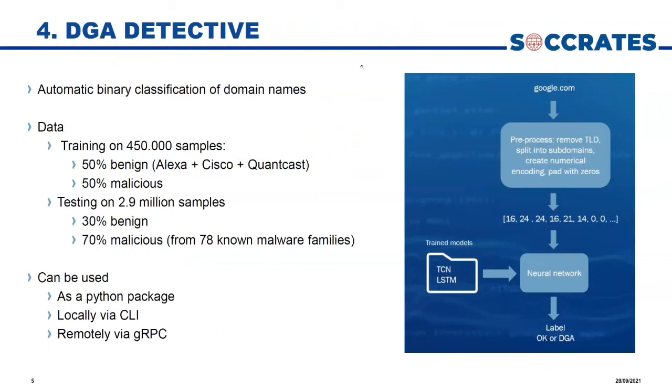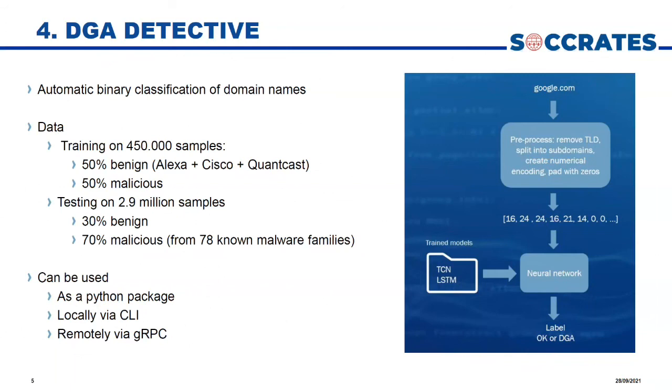What we've done with it was first binary classification: if we feed a domain through, is it a benign domain or a DGA? We used data from Shadow Server. We created a training set which pretty much resembled their daily intake of domains, so that's 50-50 in terms of occurrence of classes: 50% benign domains and 50% malicious.